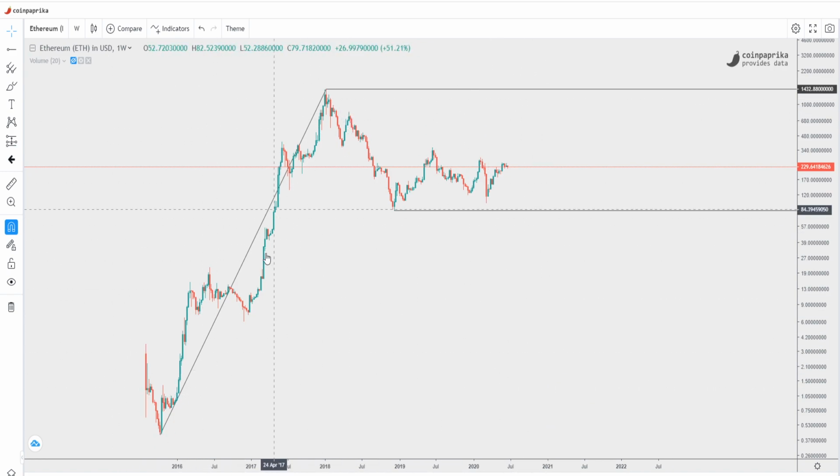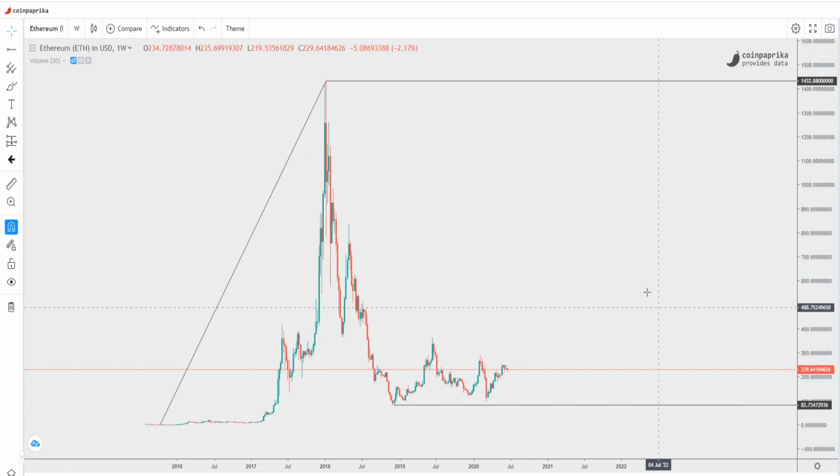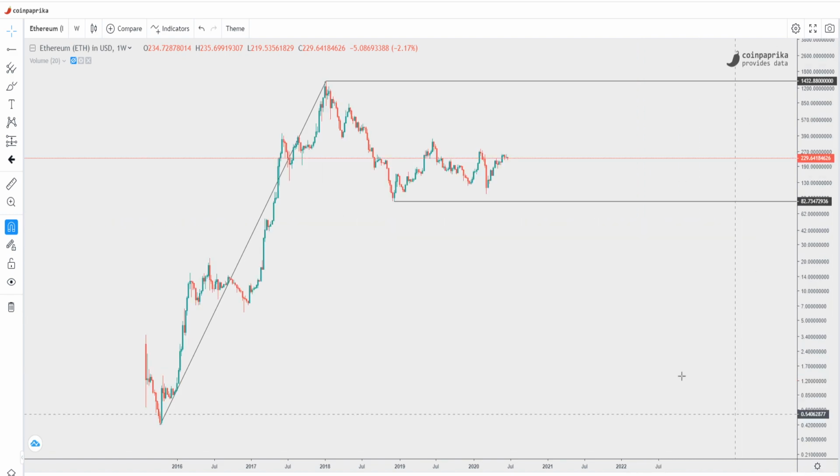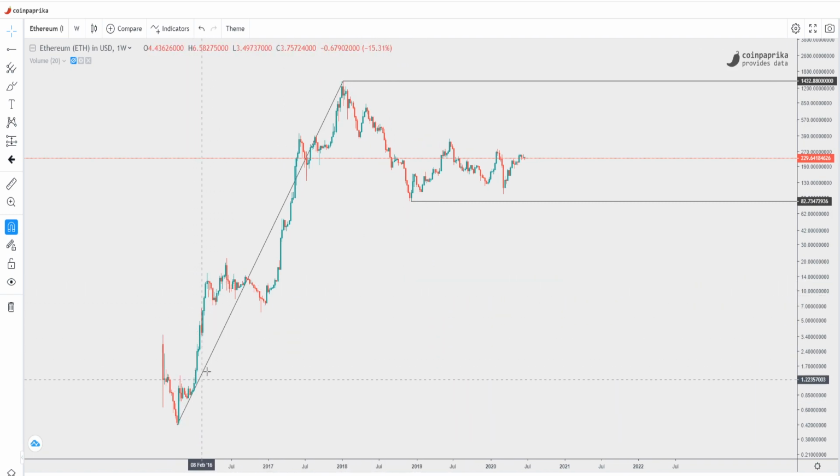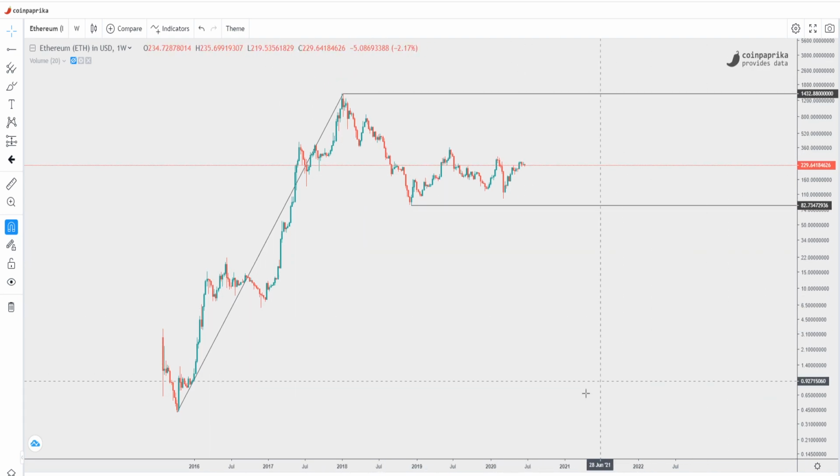It is valid to chart on log charts, of course, but when we turn off the log charts, this happens. So one of the reasons why I don't use non-log charts is because we can't see what happened before. We can't understand. So this is one of the reasons I use log charts.